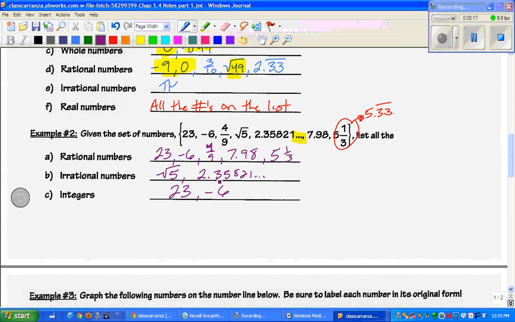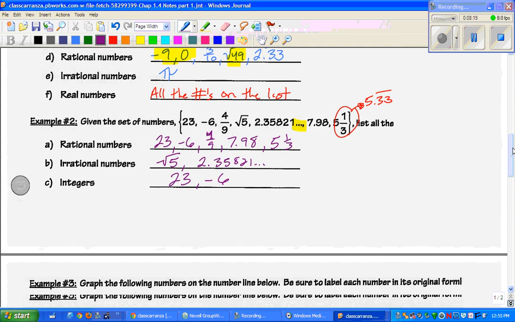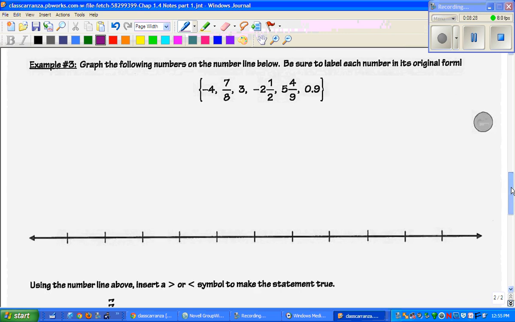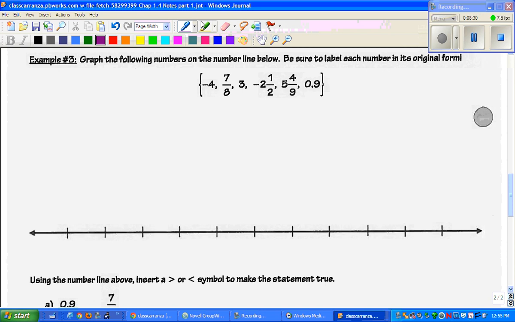All right, let's go ahead and flip it over. Now it says graph the following numbers on the number line below. So if we're going to graph, we need to make sure everything's labeled on the bottom. So I'm just going to write these down so we know where to put our numbers.